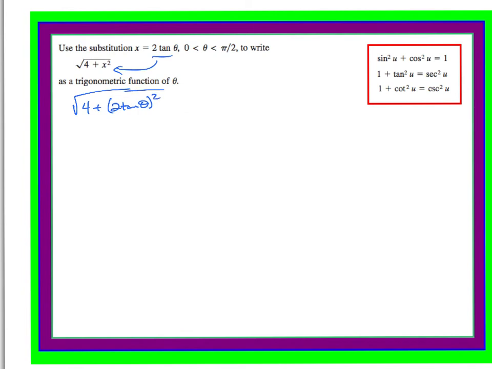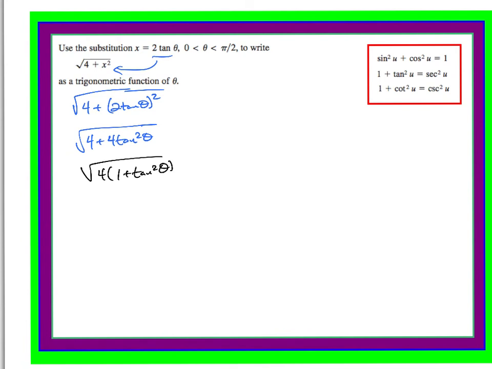Then we just have to manipulate a little bit. 2 tangent theta quantity squared is actually what? 4 plus... 2 squared is 4. Tangent squared is tangent squared. What could you factor out of those 2 terms? A 4. When we factor out a 4, I'm left with 4 times the quantity 1 plus tangent squared.